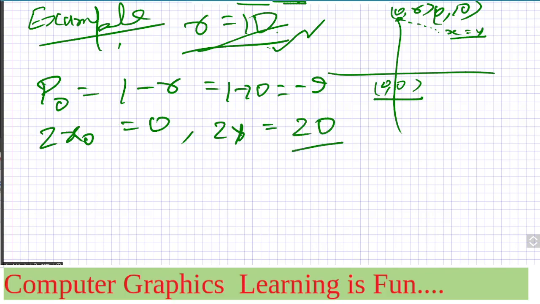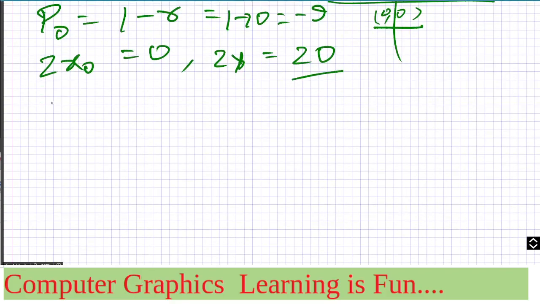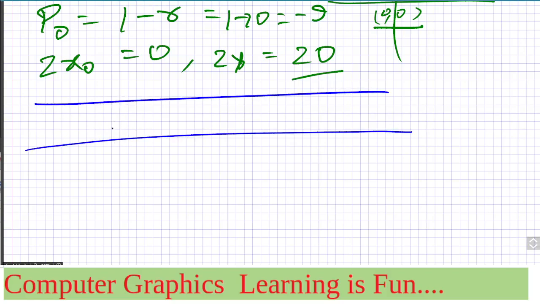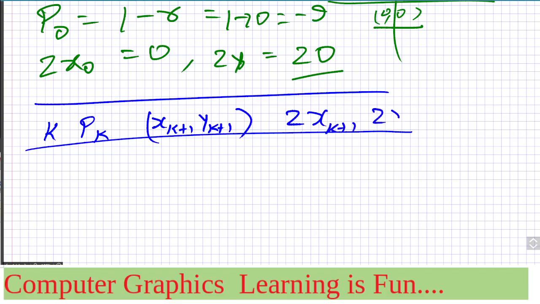No problem. Now let me make a table for this, as we made in Bresenham's line drawing algorithm. So this will have your value of k, pk, your xk plus 1, yk plus 1, and the corresponding values of 2xk plus 1 and 2yk plus 1, right? So here, k was 0, pk was minus 9.